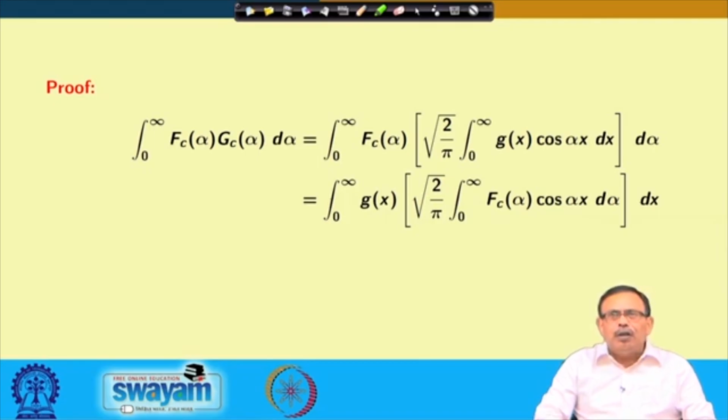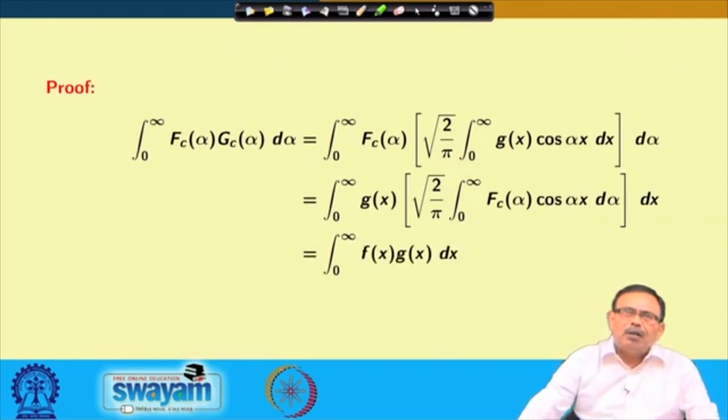And if you closely look at the integral within the third bracket, this is nothing but f(x), because using the inversion formula, if I know the Fourier cosine transform of a function, then f(x) equals root over 2 by pi 0 to infinity F_c of alpha into cos of alpha x d alpha.